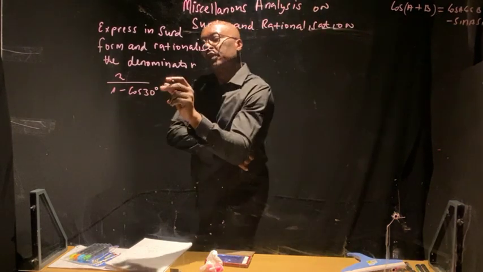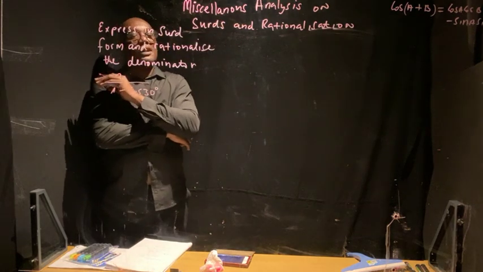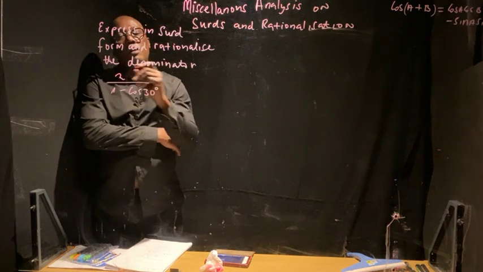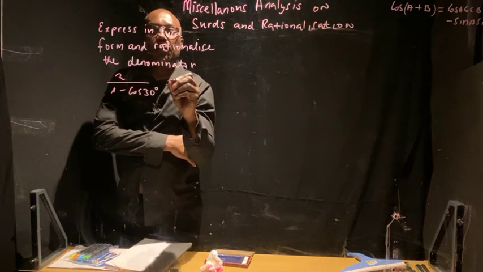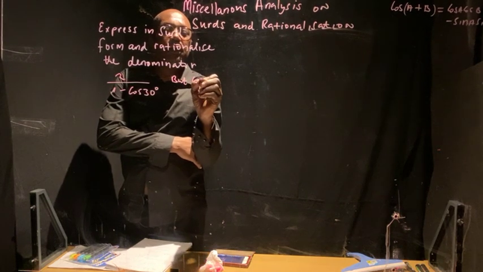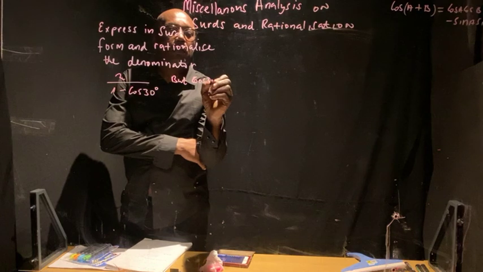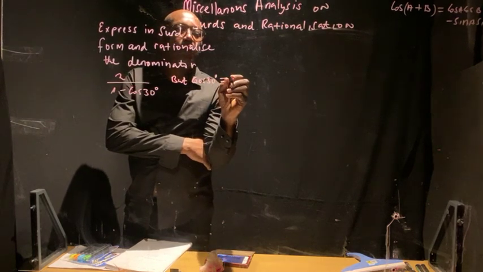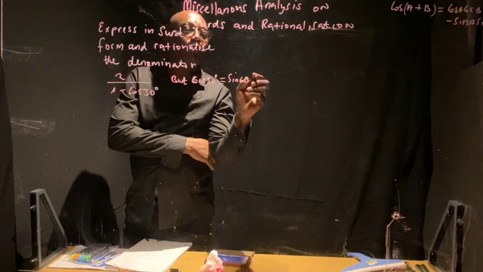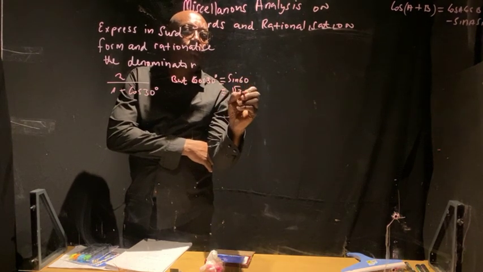But let's concentrate on this one. Cos 30 degrees is exactly the same as sine 60. So, you know that cos 30 degrees is exactly equals to sine 60, which was equals to root 3 over 2.